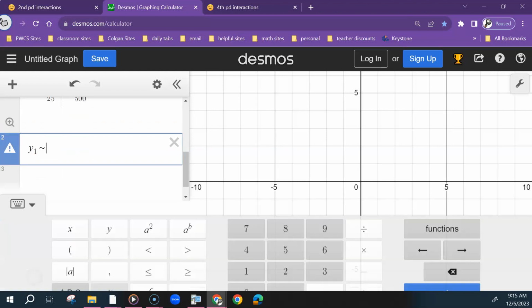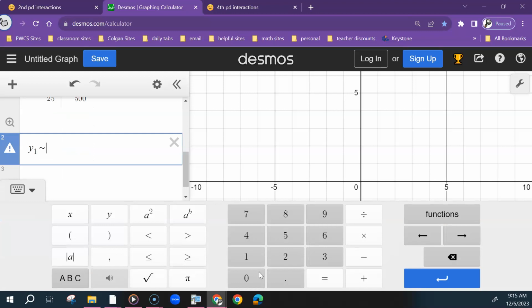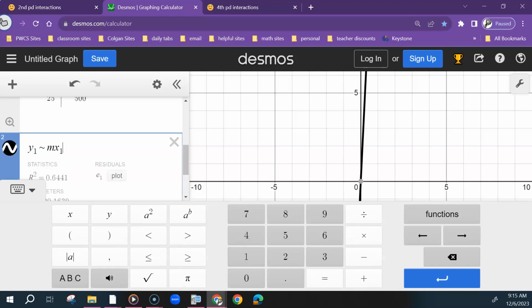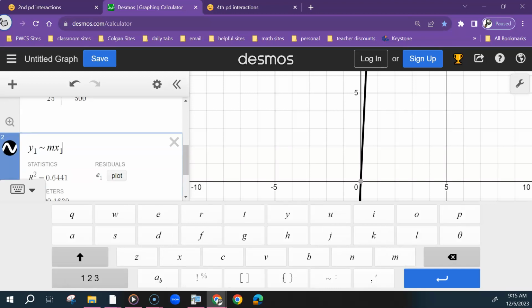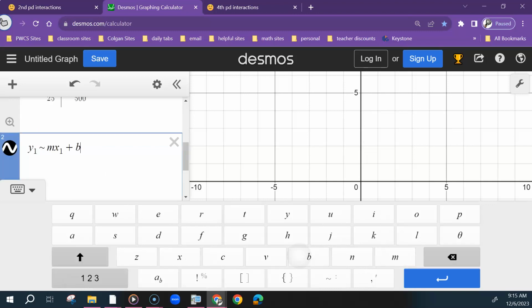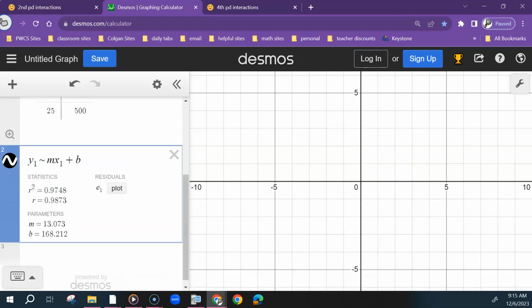Then the rest of what would be your slope-intercept form: mx1 plus b. So this will give you your m and your b. You would write those together to find your line of best fit.